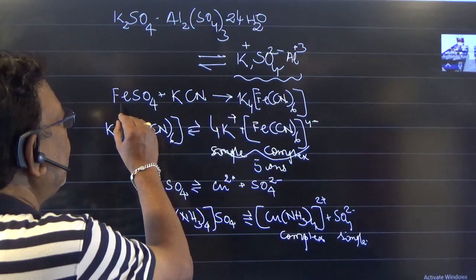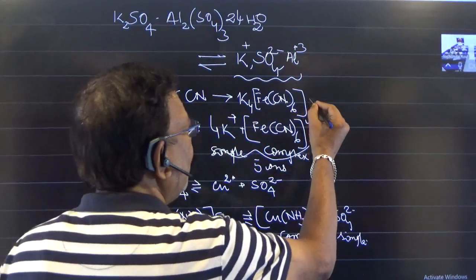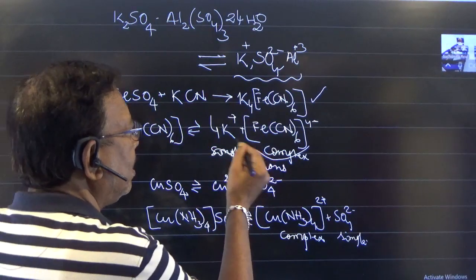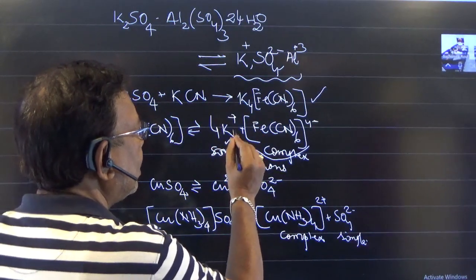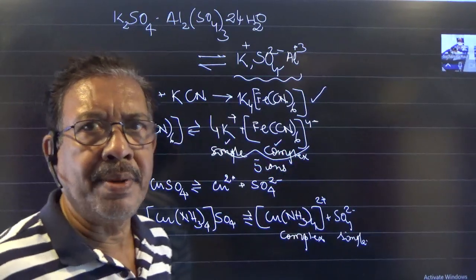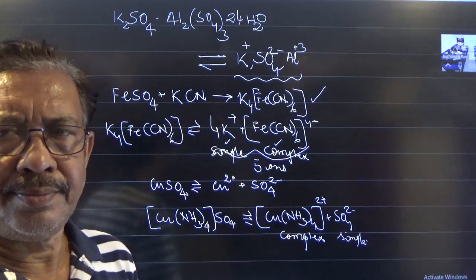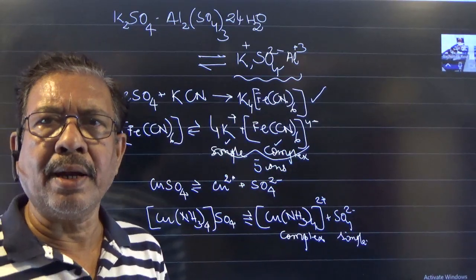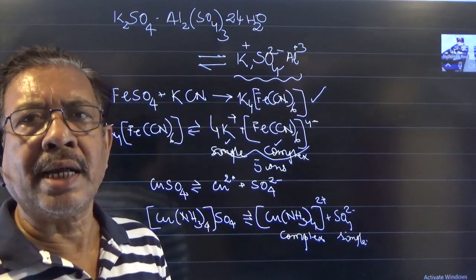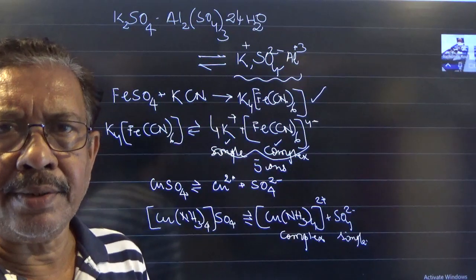In this case, ferrous sulfate plus KCN forms K4Fe(CN)6. Whenever it is dissolved in water, it dissociates into K+ and Fe(CN)6 4-. That means if you go for the chemical test, it gives the test of potassium ion only.